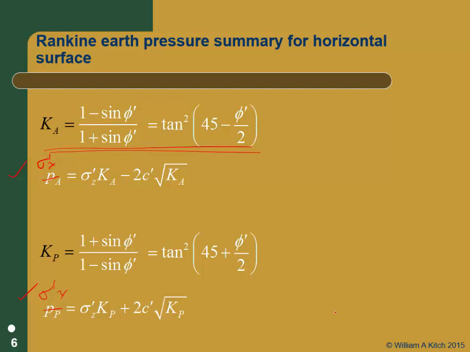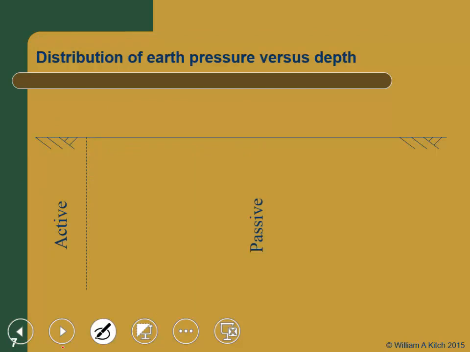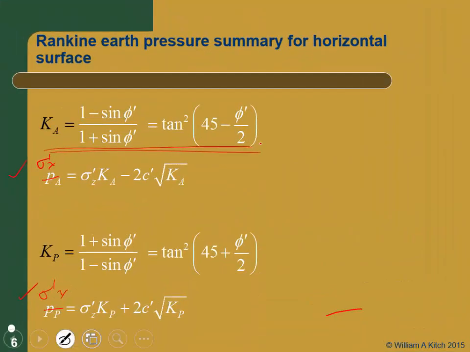Okay, so let's talk about what that means. Let's look at the distribution of earth pressure versus depth in the active and passive case. Before we do that, let's go back just real quickly. At the ground surface, z is equal to 0, and sigma prime z is equal to 0, right? That's supposed to be a z, not an x.